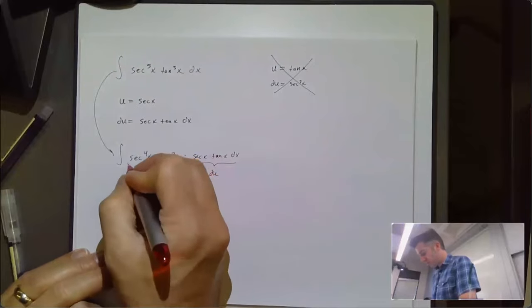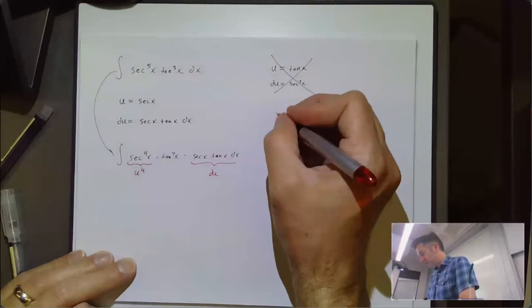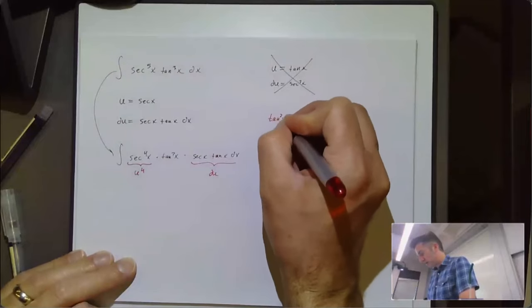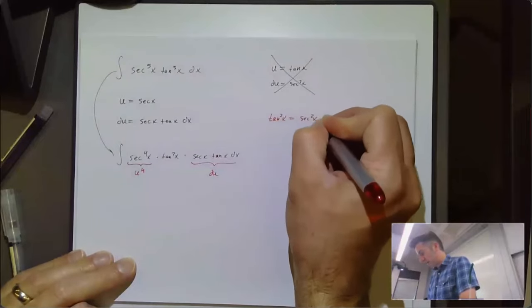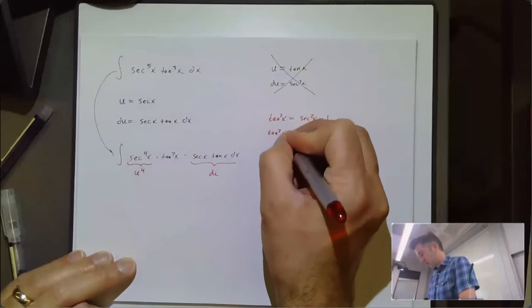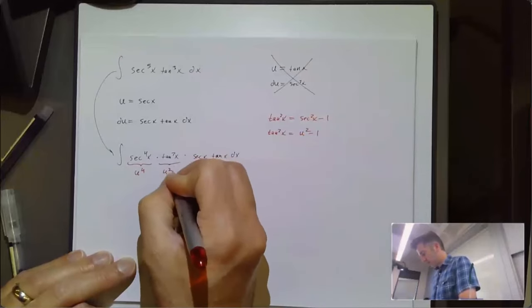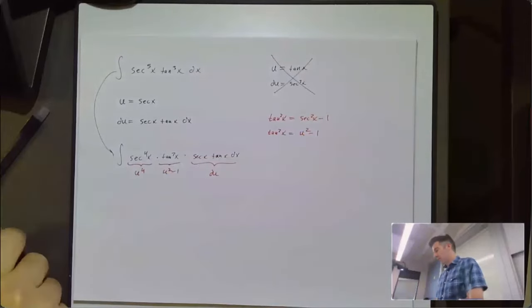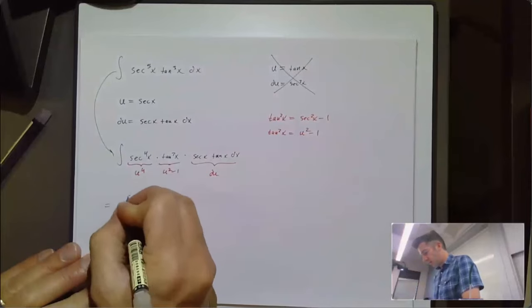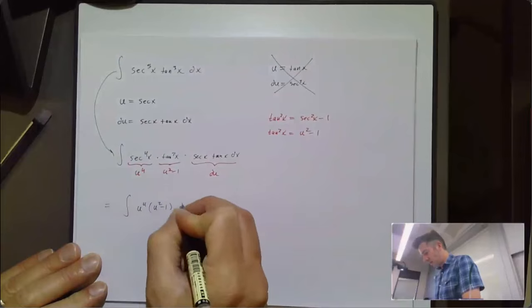du, we have our u to the 4th, and tangent squared, well again, tangent squared x equals secant squared x minus 1. So in this particular problem, tangent squared x is going to be u squared minus 1. So then we're going to get the integral of u to the 4th times u squared minus 1 du.